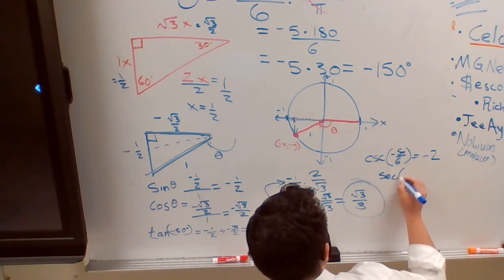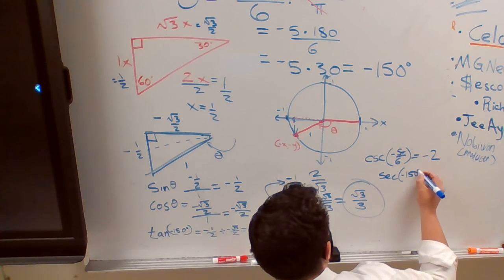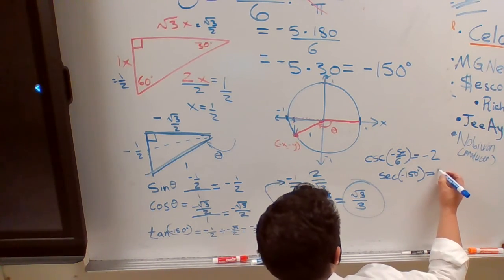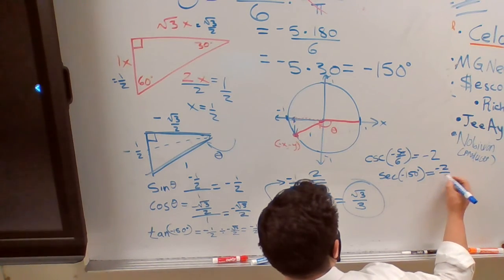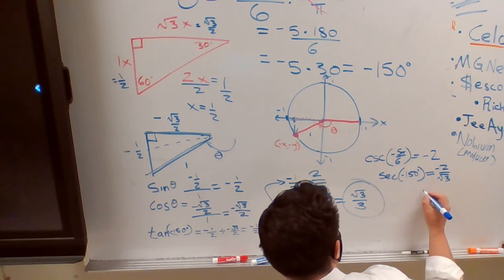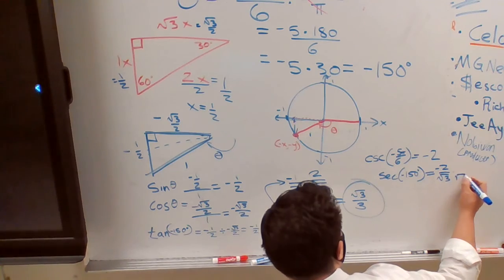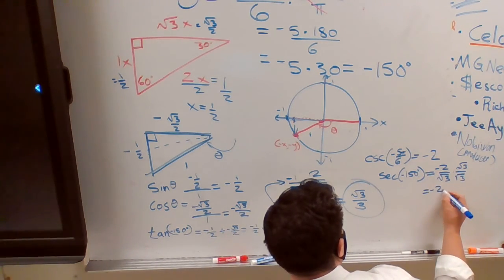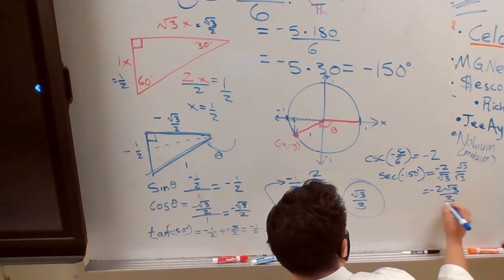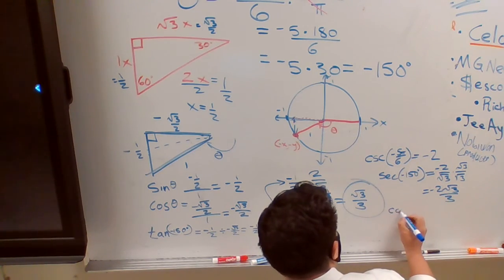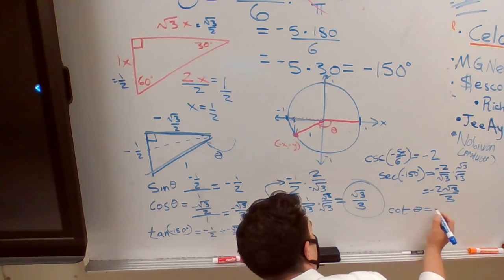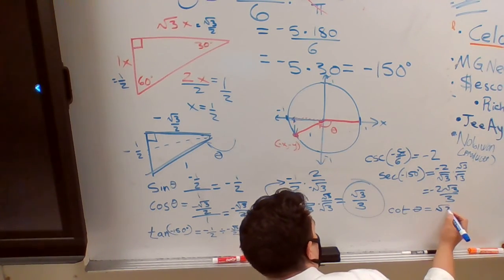Secant of negative 150 degrees is going to be 1 over cosine, so negative 2 over root 3, which is, multiplying by root 3 over root 3, negative 2 root 3 over 3. And lastly, cotangent is going to be root 3.